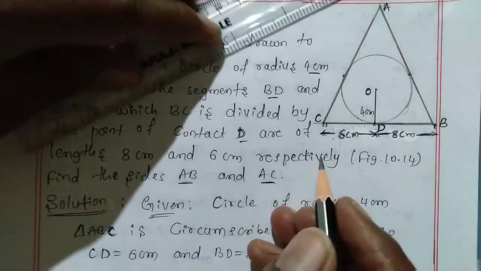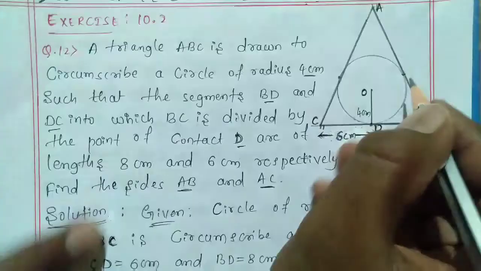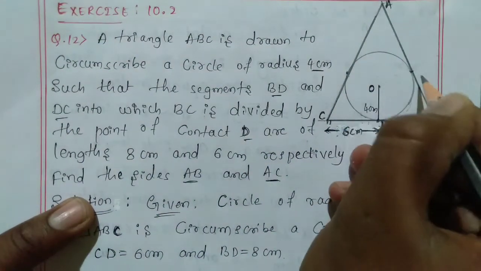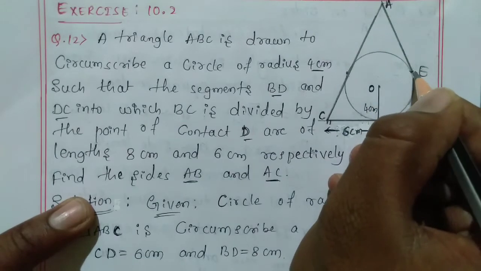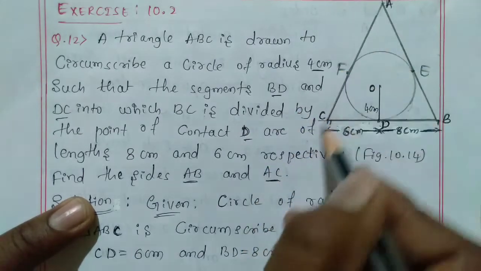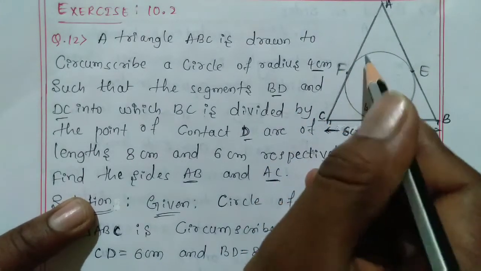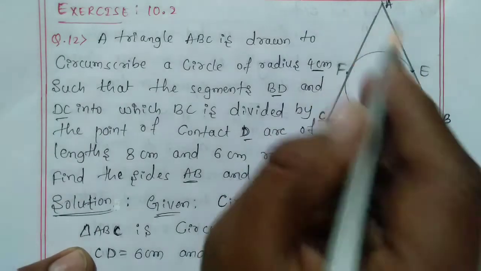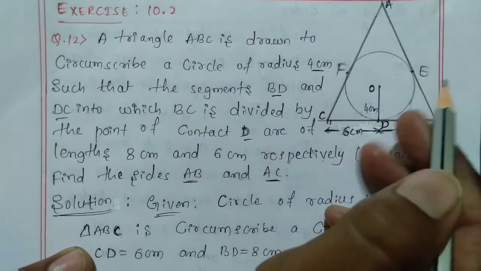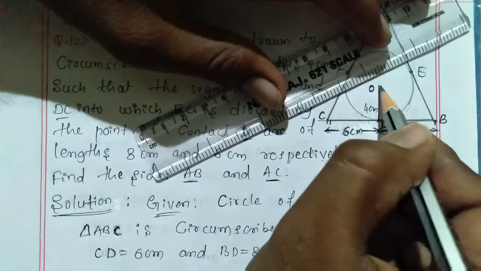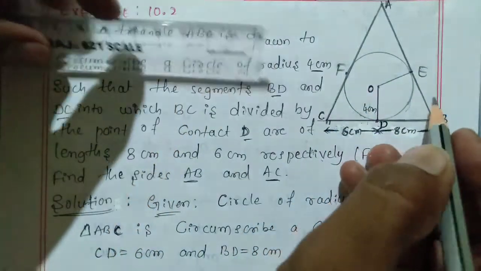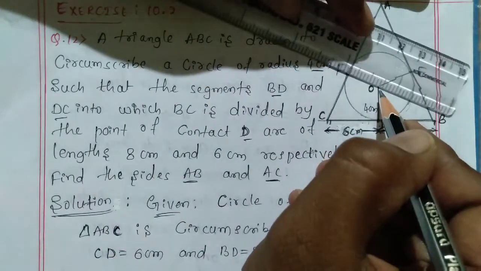So next you can call this one as E. E is a point of contact and F is also a point of contact. So AC is a tangent to the circle at F, and AB is also a tangent, this AB touches the circle at point E. Next I will draw perpendiculars, that is OE perpendicular to AB, and OF perpendicular to AC.